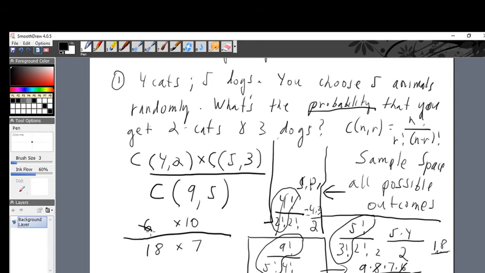The 6 goes into 6 once and into 18 3 times. So that was advantageous. What do we have at the end of the day? 10 over 21. And that is the bottom line answer.